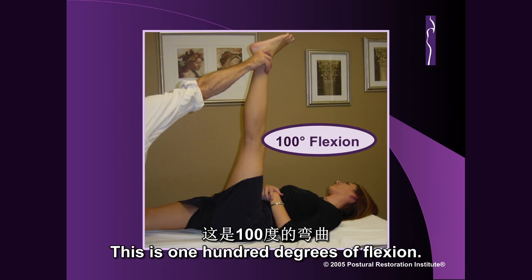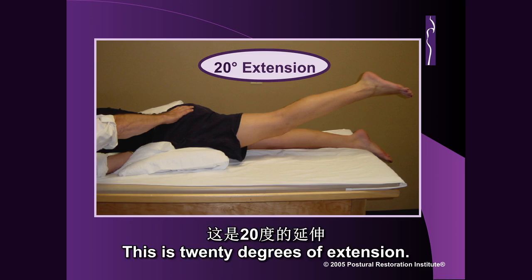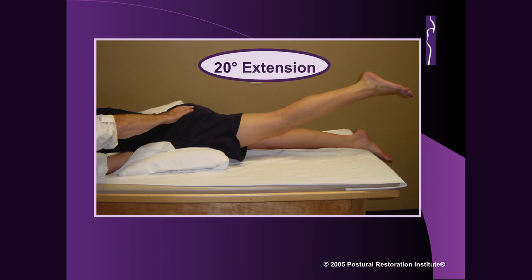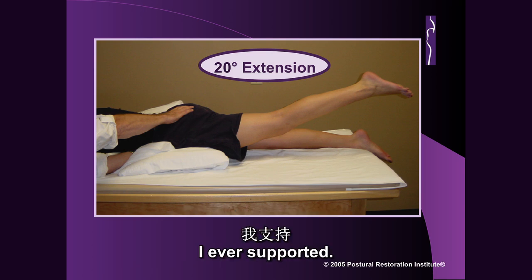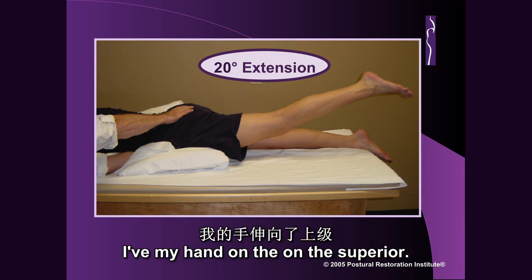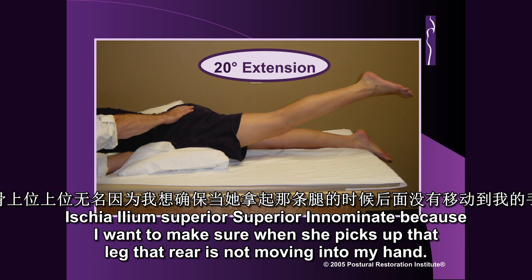This is 100 degrees of flexion. This is 20 degrees of extension. And I have my hand on Bobby's superior pubic area. I want to make sure her abdomen is not relaxing. I have her supported. I have my hand on the superior ischium, ilium, superior innominate, because I want to make sure when she picks up that leg, that rear is not moving into my hand.